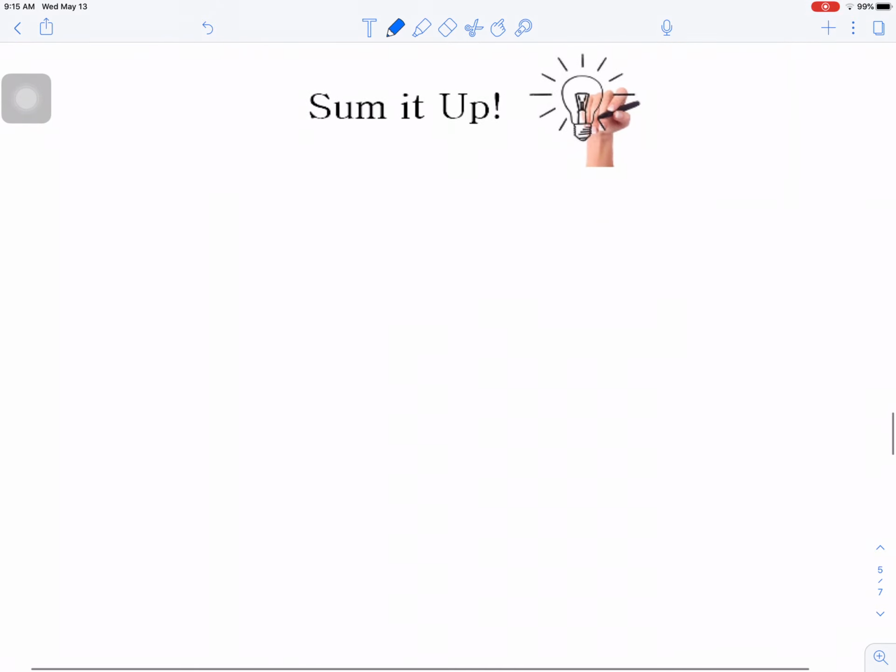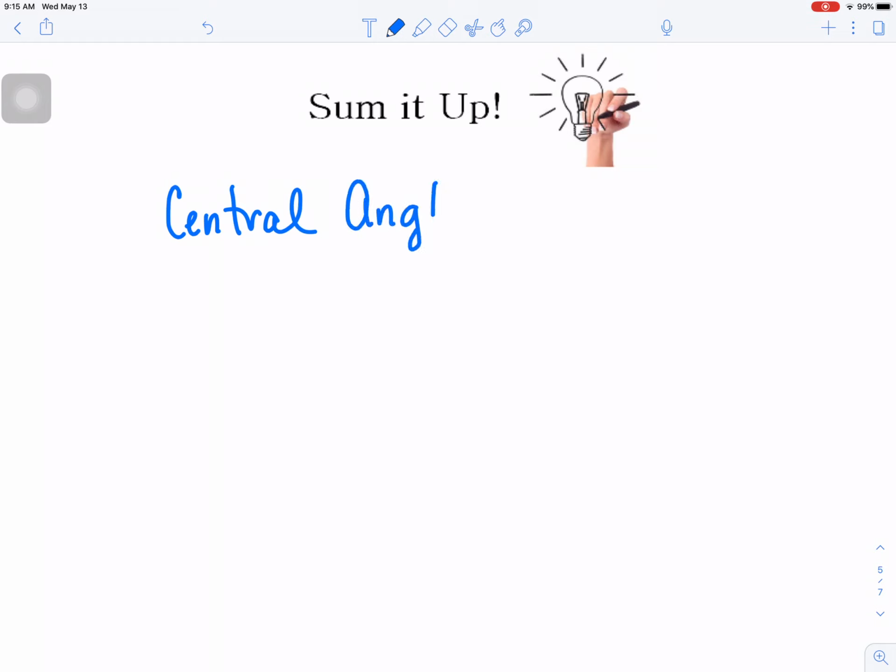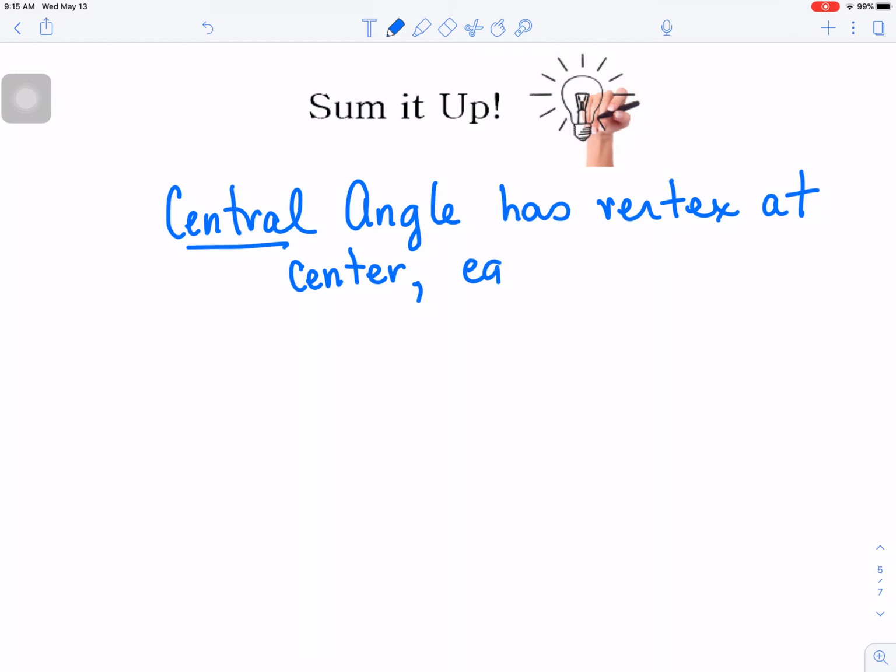All right, a summary. Quick summary. You ready? Central angle has vertex at the center. That's why it's called a central angle. Okay, and it is equal to its intercepted arc. That's spelled wrong. Sorry.